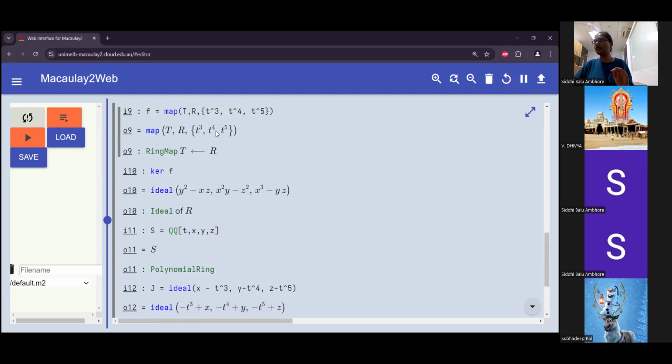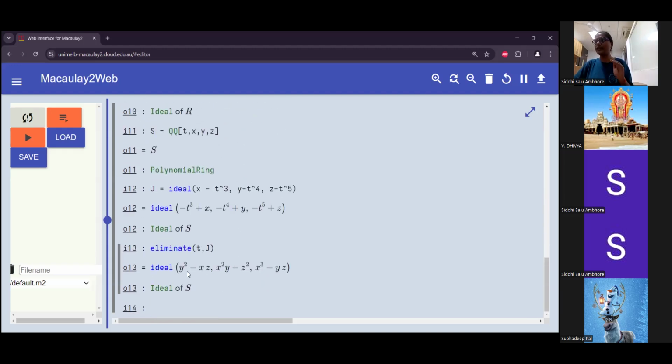The kernel of this map is actually eliminating this variable t from this ideal J, which had t in it. So it finds all the relations of x and y which can get rid of this t cubed and so on. Is this clear?